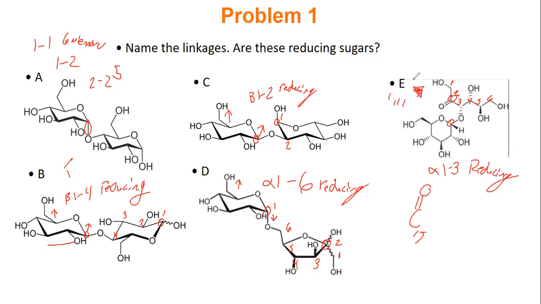The slices mean it's coming at you. So if this sugar is on the page, anything with a big old dash is coming straight toward your face. Anything with these lines are going into the page. And here, if we're looking at sugars, if it's pointing down, you can think that is above the ring. Pointing to the side, you can think that above the ring. Again, there's like 3 different ways you can show sugars.